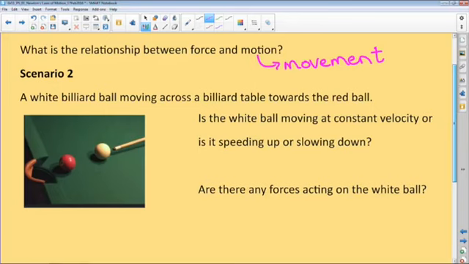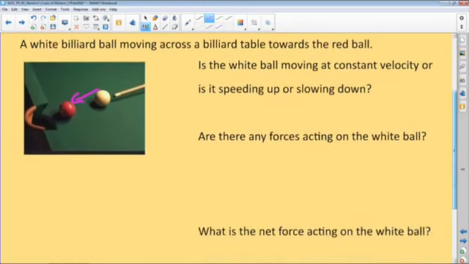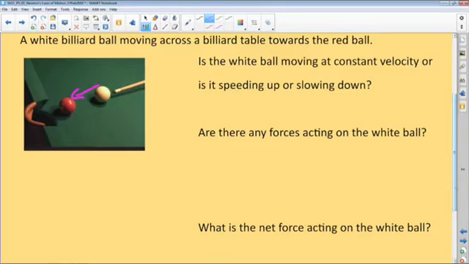So we've got the white ball moving to the red ball. Okay. Questions again. Is the white ball moving at constant velocity, or is it speeding up, or is it slowing down? And then, are there any forces acting on the white ball?